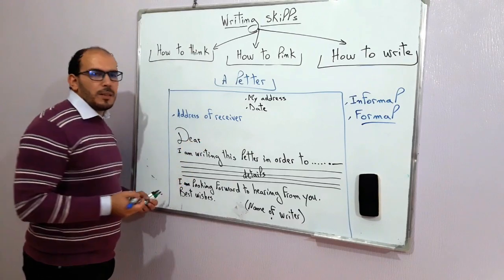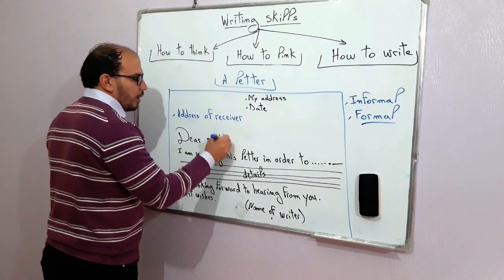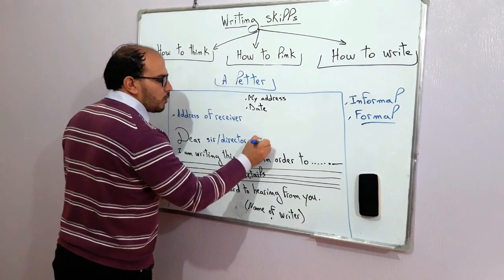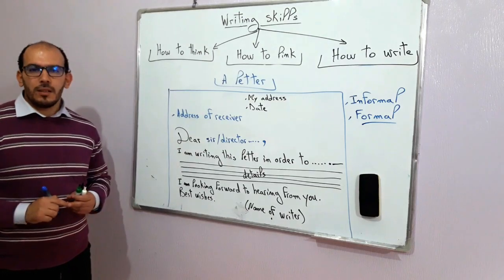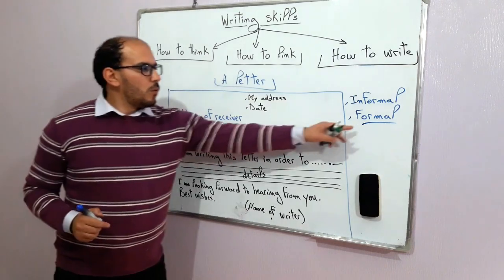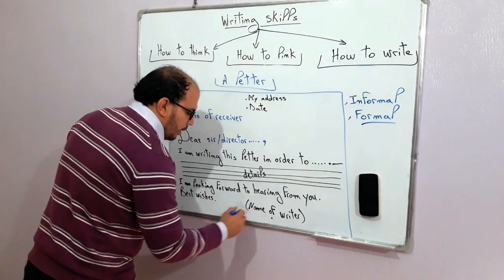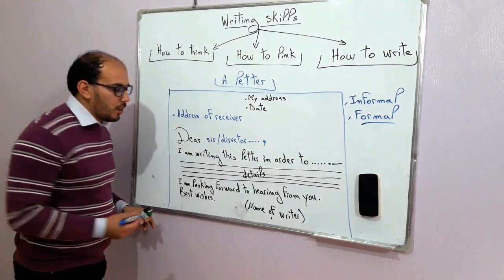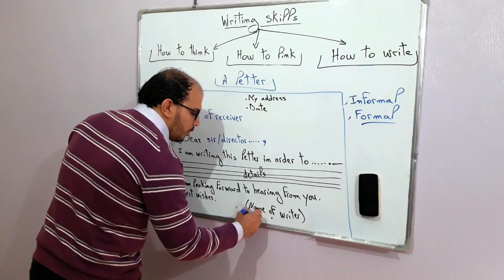For example, dear sir, dear director, dear madam, and so on. So I never write names because it is formal. The last thing is that when it is informal, there is no signature, but for formal letters, I have to sign.